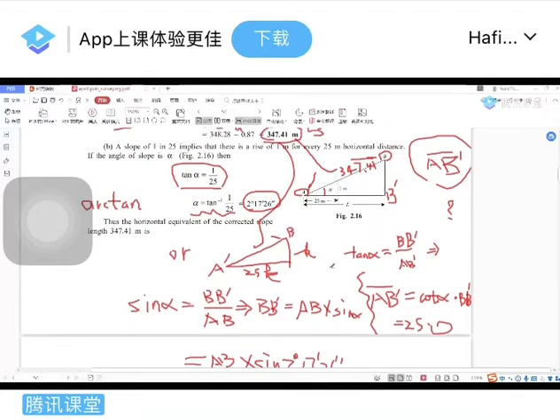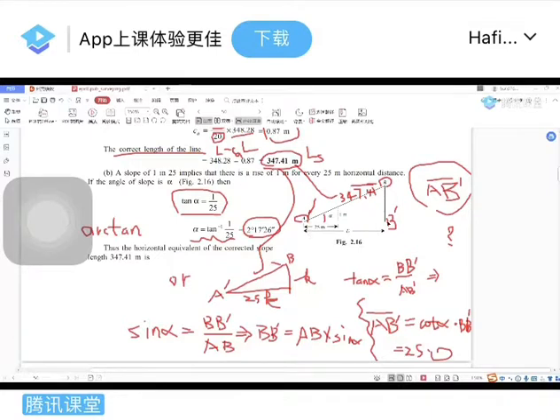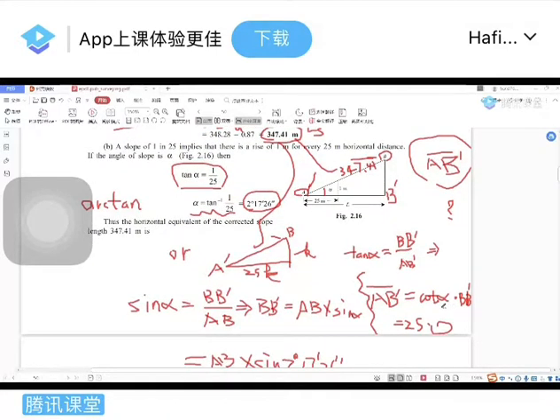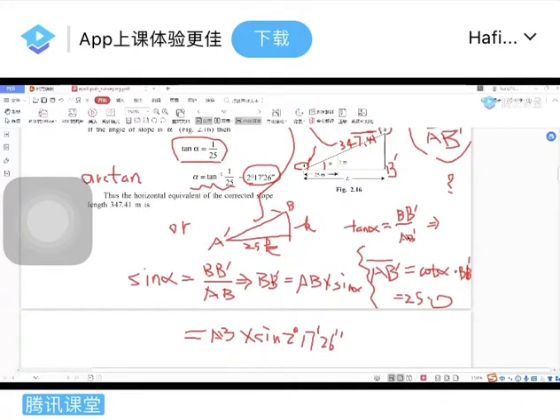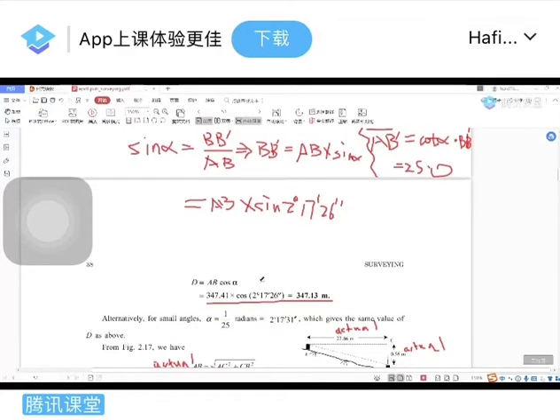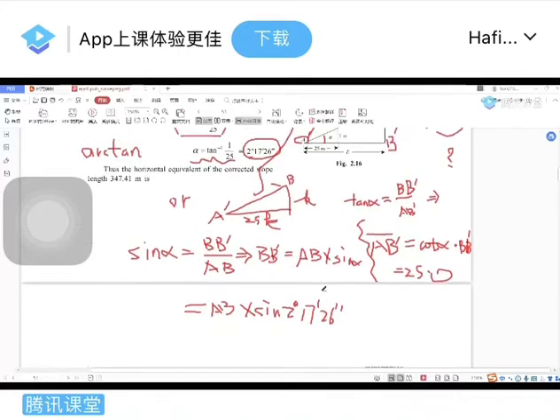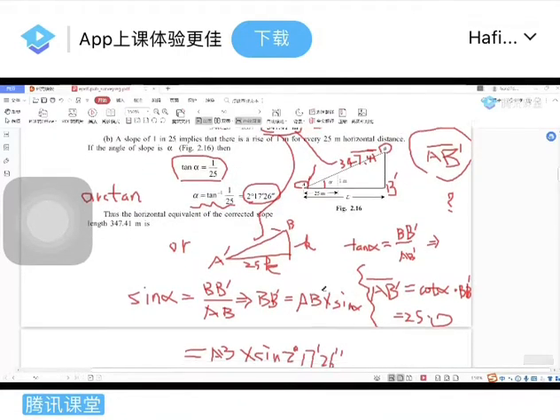Calculate BB prime, but AB prime, yes, is correct because I use a cotangent. So here it is slightly different from his because he used AB. I use AB.